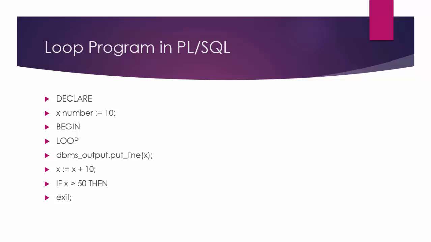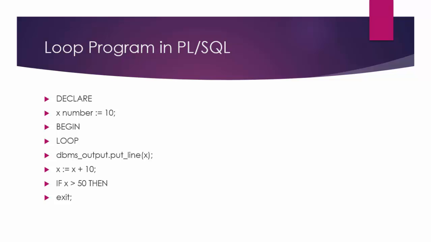When we output the value of x, it will display x, then the value of x will be x plus 10, so x will become 20. Again it will go to the loop, again it will display 20, then 20 plus 10 becomes 30, it will display 30, again x plus 10 becomes 40, again it will go to the loop.